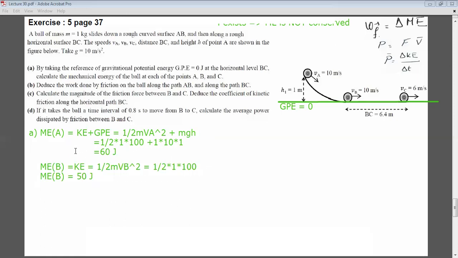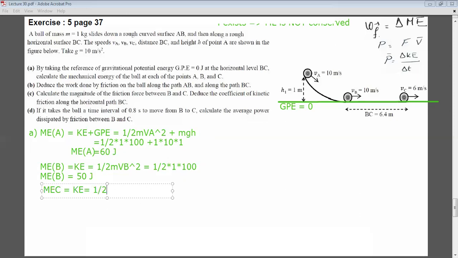So the mechanical energy at B is 50, and the mechanical energy at A is 60. Now, mechanical energy at C. Also there is only kinetic energy.